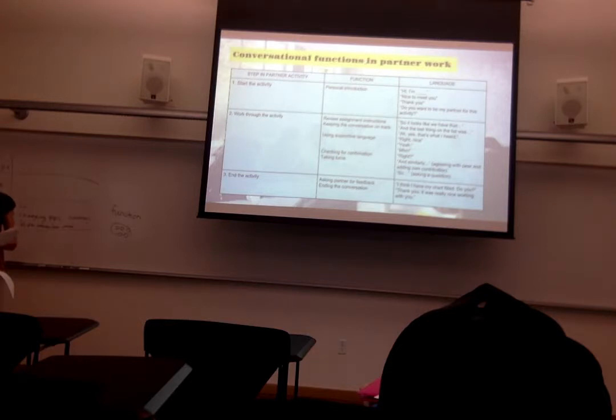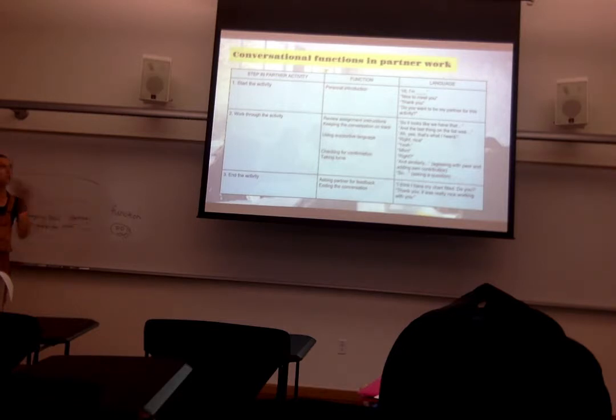Okay, so these are some different functions of partner activities corresponding with the different steps in the language used in section 3 and 4 of your handout. So some different functions for starting the activity are giving a personal introduction, finding a partner, reviewing assignment instructions, keeping the conversation on track.